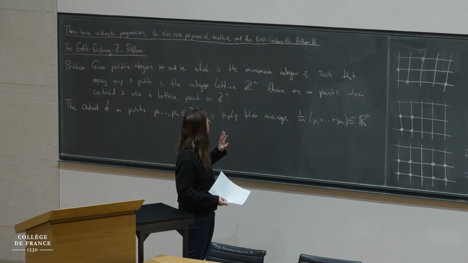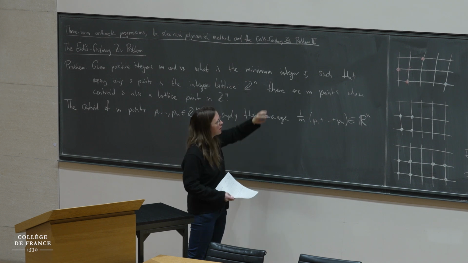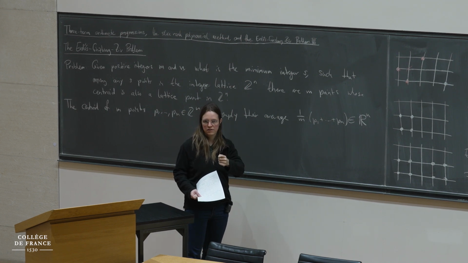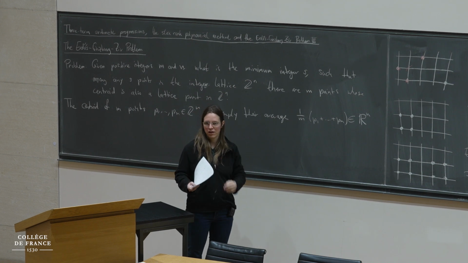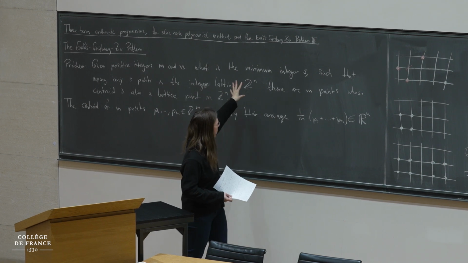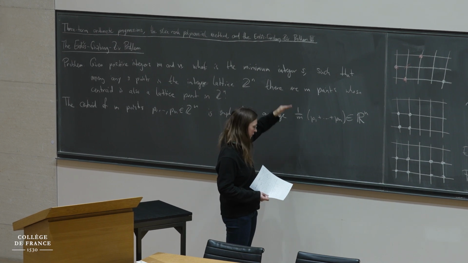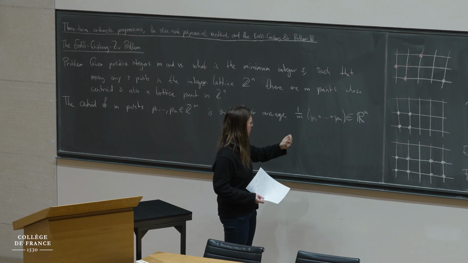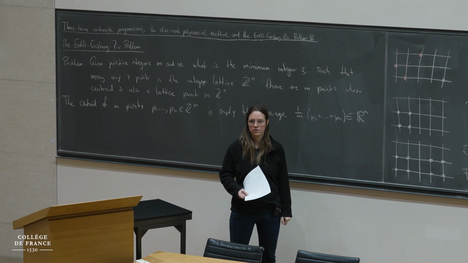In other words, to say it more abstractly, if you project from Z^n to (Z modulo m)^n, you'll be able to find m points with the same image if you start with m times m to the n points, so m to the n plus 1 points. And if you find points with the same image, or in other words, points where the first coordinates have the same residue among all m points, the second coordinate has the same residue among all m points, and so on, then it's easy to see that the sum has all coordinates divisible by m.